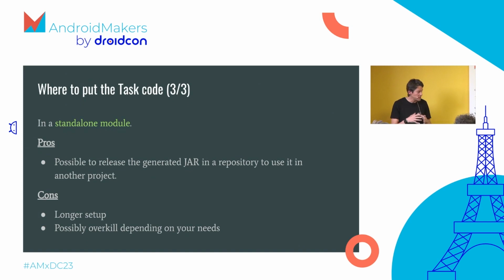You don't want to keep your task just for one project. Maybe you want to use it elsewhere. With this solution, it's a little bit longer to set up everything. So according to your needs, it may be overkill, and it may be better to use the two previous solutions.